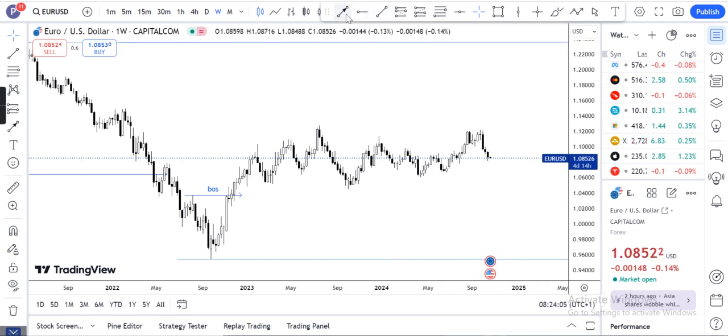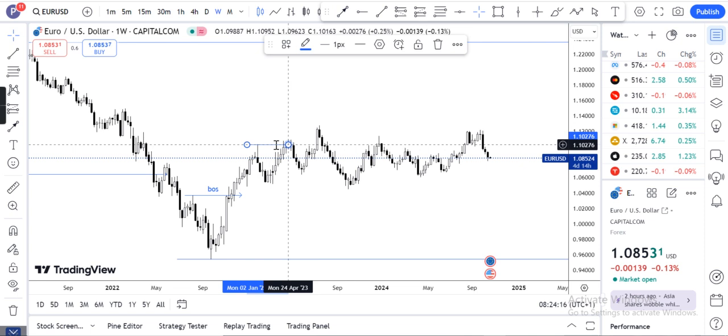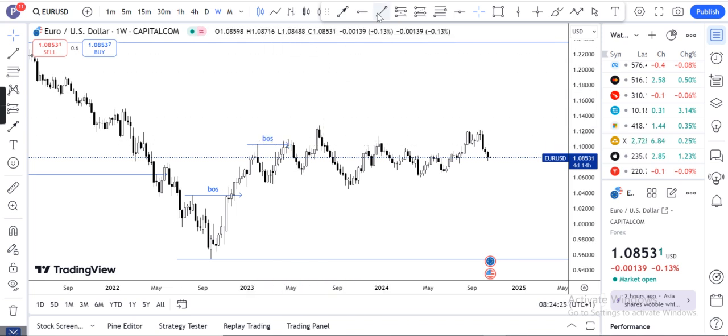Aside from that, we also clearly see that we have a break of structure at this point. So we have BOS here, we have our BOS at this point, and another break of structure also at this point.